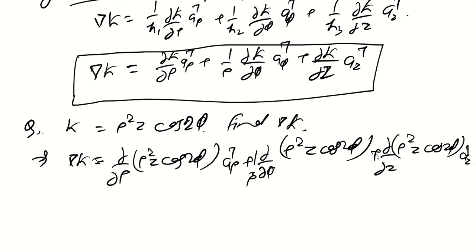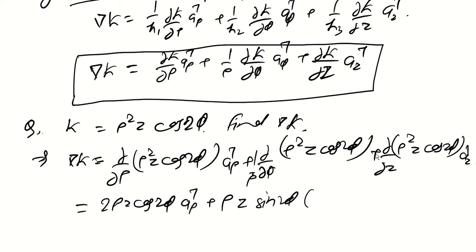So this becomes, differentiate with respect to rho, 2 rho z cos 2 phi a rho, plus one rho gets cancelled, so rho z sin 2 phi, and minus 2 will come in common, a phi, I had forgotten the a phi, plus differentiate with respect to z, it becomes rho square cos 2 phi az. Now you can take this minus 2 outside.